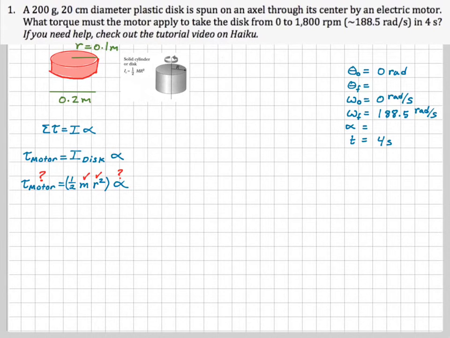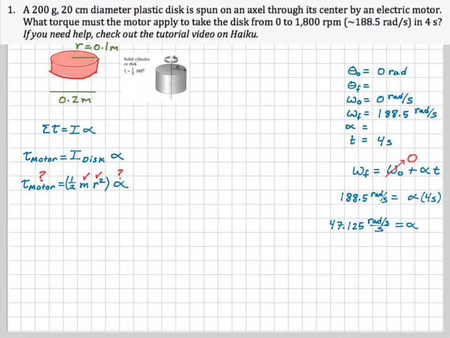With these values, the best kinematics equation to solve for alpha is omega final equals omega initial plus alpha t. We can substitute in our known variables and solve for alpha, and the angular acceleration of this disc is 47.125 radians per second squared.